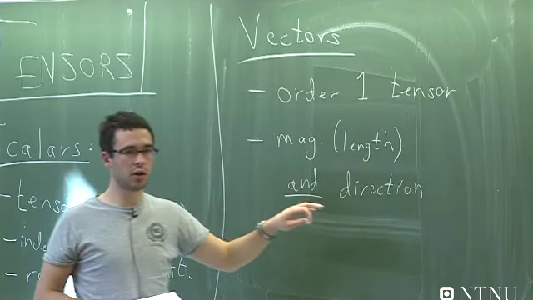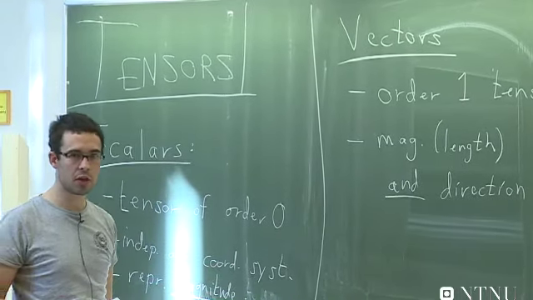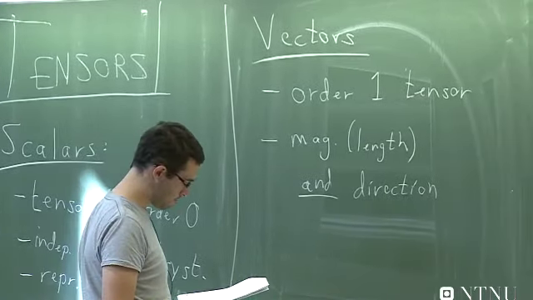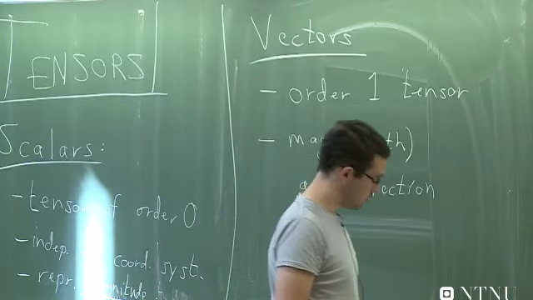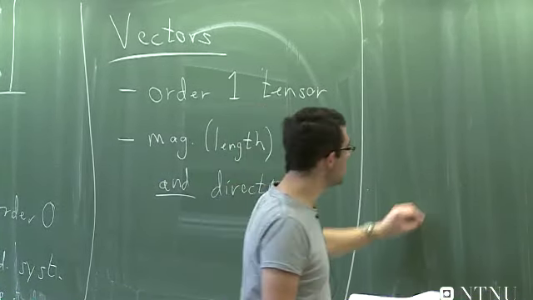And here you see, because of that direction, they start looking different in different coordinate systems, even if they represent the same physical quantity. Let's see. I'll draw a figure to illustrate this.